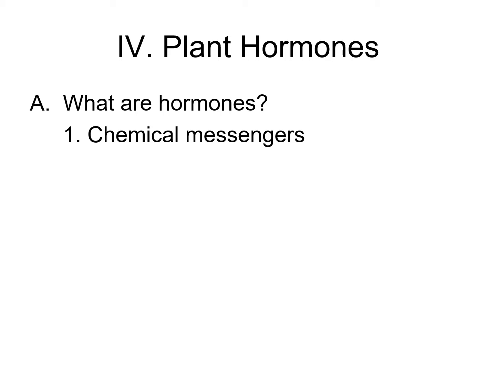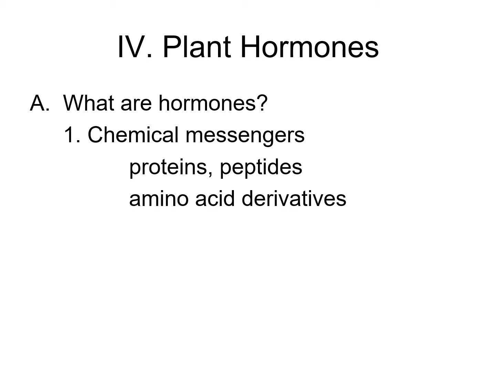The chemicals here include proteins and peptides. It includes amino acids and molecules derived from amino acids. It includes lipids, and under the lipids, steroids are an important group of hormones, and also, particularly in plants, some alcohol-like chemicals.